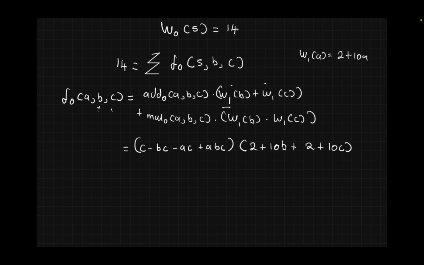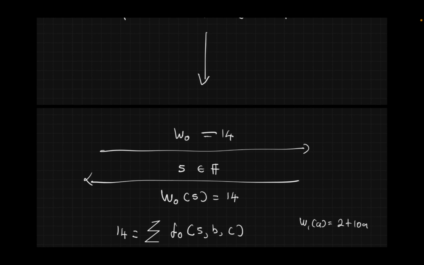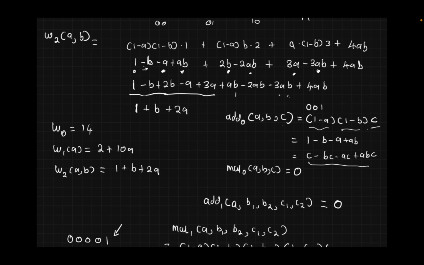Okay, so that's the add side, right? We could make it W naught of A, but it's a constant polynomial that has no A inside, so regardless of your A it's always going to give you 14.